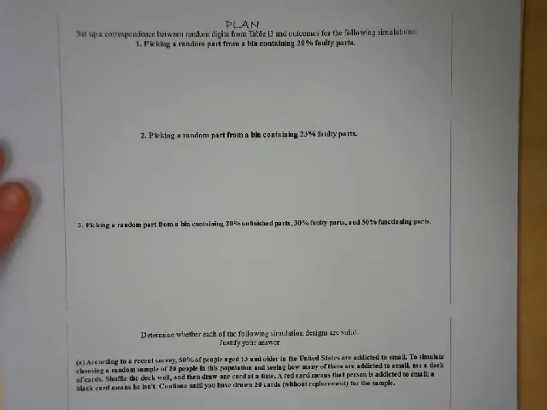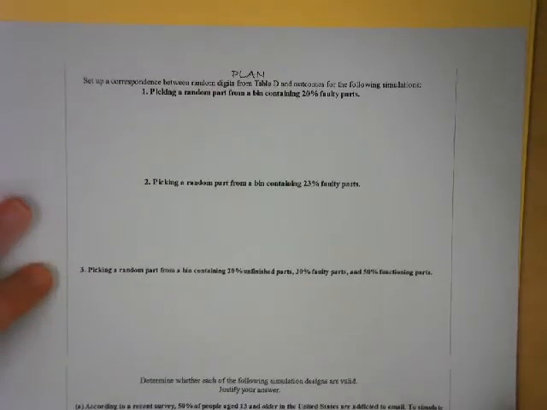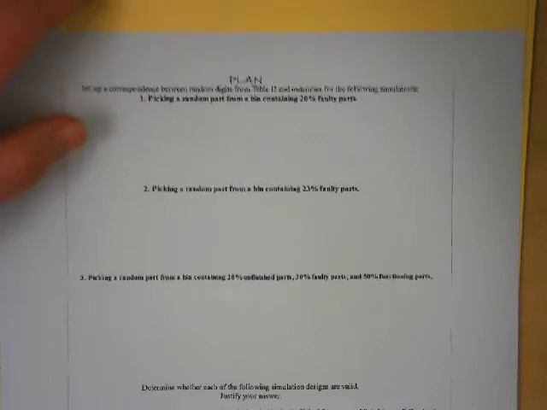So when it comes to a plan, the most important thing when you're using table D, or that table of random digits, is to make sure that your numbers are all of equal length.